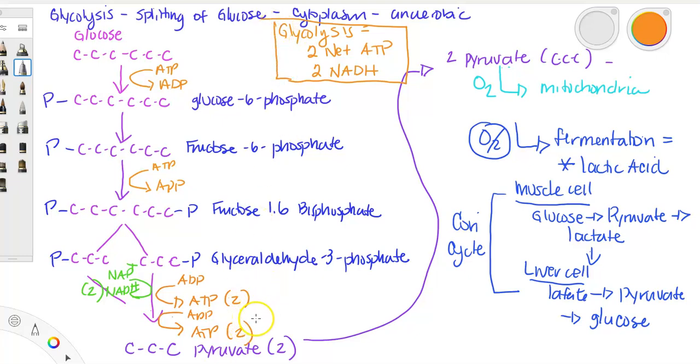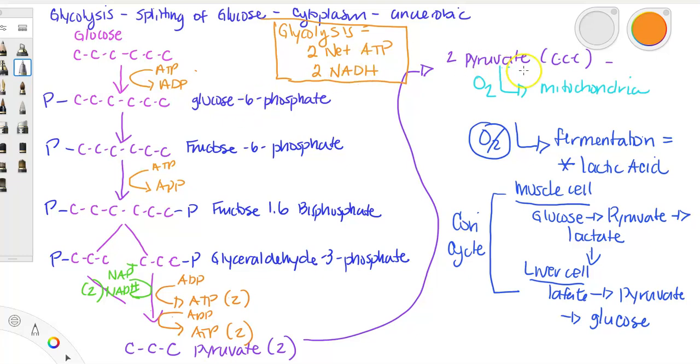Now you created 4 ATP, but remember we used 2 in the first phase. So net-wise, you have to subtract that out. So we only actually gained 2 ATP and 2 NADHs. So not very efficient. Okay, this is anaerobic. This is going to be dominant. This is how your body's going to get sugar in anaerobic activities.